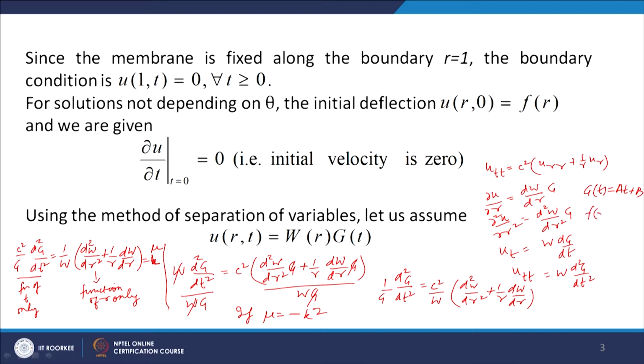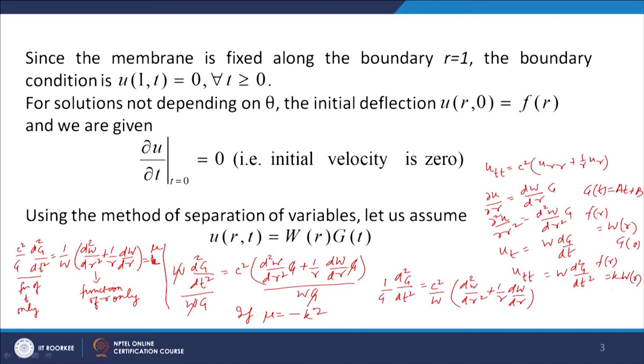So, f(r) will be equal to w(r) into g(0), since u(r, t) equals w(r) into g(t). Now, w(r) is a solution in r, and it cannot be 0, otherwise f(r) will be 0. So, g(0) must be some constant.